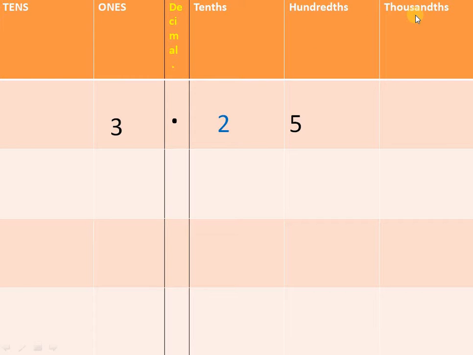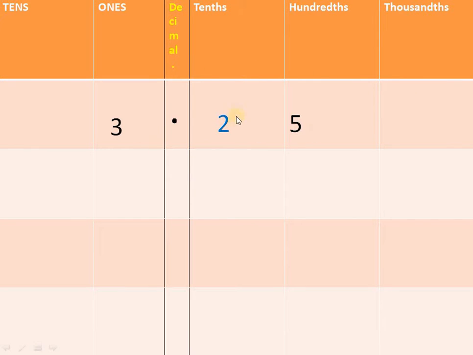Now thousandths, 1 upon 1000. Similarly, in 3.25, 3 will be at the ones place, 2 at the tenths place, and 5 at the hundredths place. If you want, you can put 0 at the empty places, but there is no need to write it. It will give you the same value, 3.25.